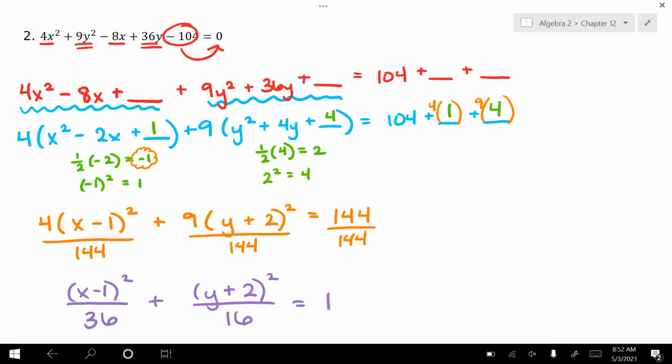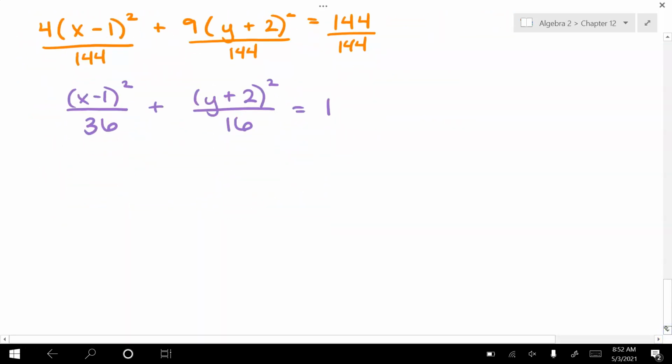So what I'm going to do now is figure out what part of my chart I need to use so I can find my center, my co-vertices, my vertices, my foci, all that stuff. All right, so if I look here, 36 would be the a squared value, because that's the bigger number, which means that my b squared would be my 16.